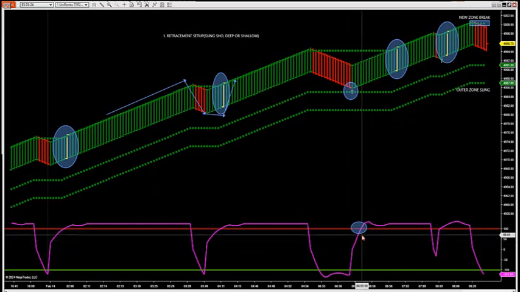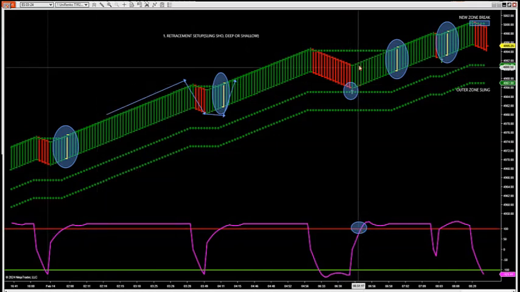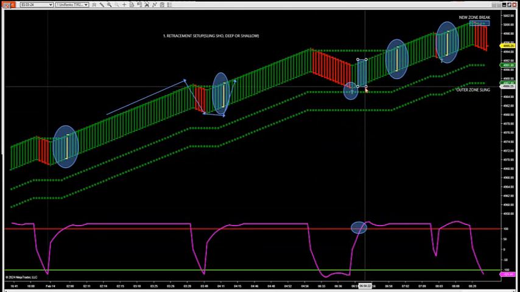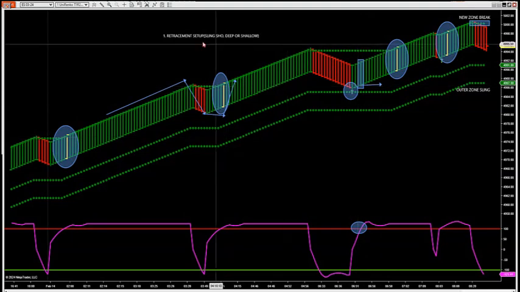If it gets above that 100 mark, that is your entry right here. Your entry would be above 100. That is your entry. And your initial stop will be below the low of that bar, below the candle.